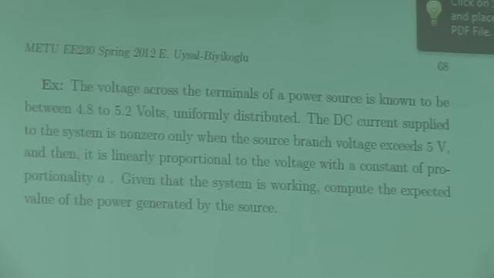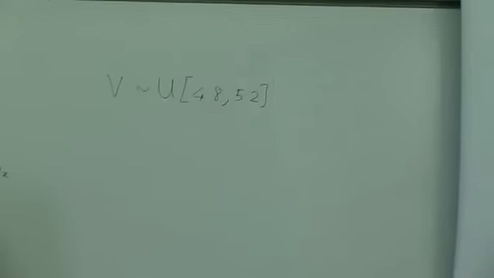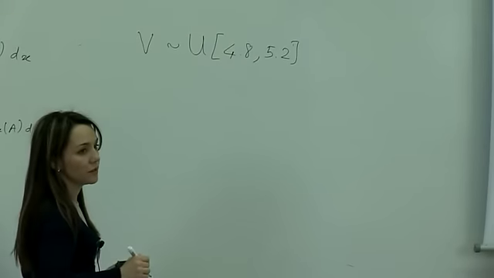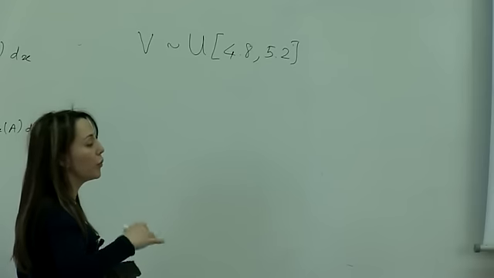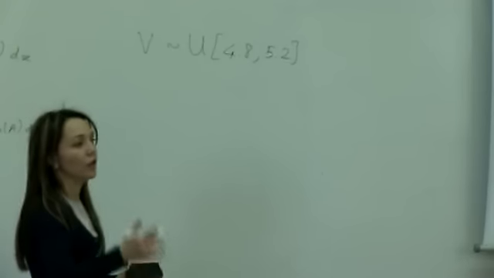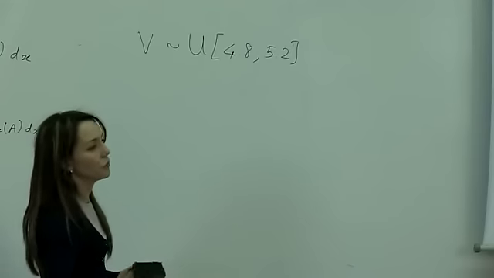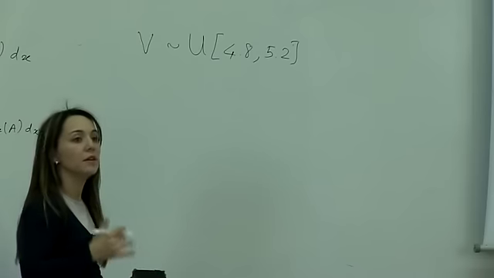Let's understand this problem. We have this voltage V, which is given to be uniformly distributed between 4.8 and 5.2. So it's a continuous, uniform random variable. What else do we know? We know that current is proportional to the voltage when the voltage exceeds 5 volts. Given that there is current, what does that mean?